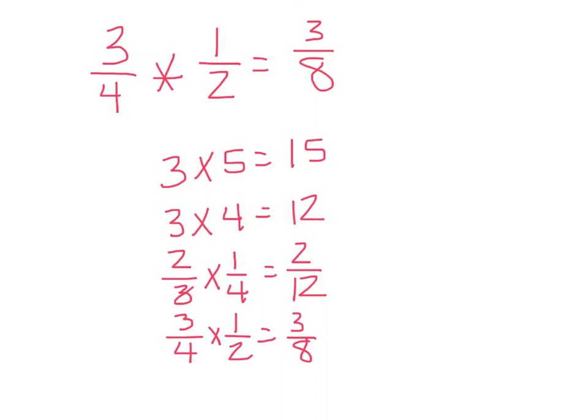I hope that you're looking across the fractions, and I hope that you're beginning to see a pattern with our fraction multiplication, what the numerator and denominator look like, and then what the answer is. Think about that for a minute.